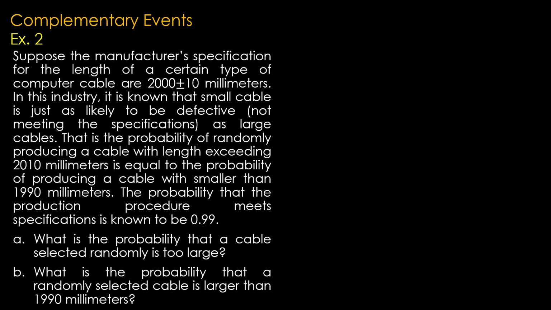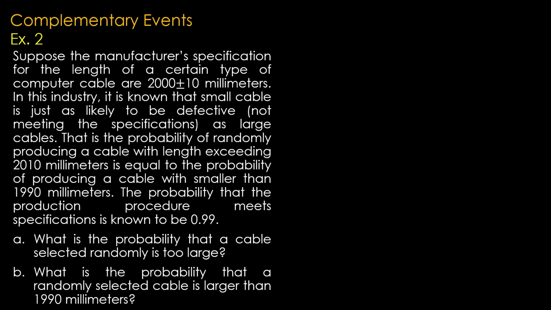Example. It's a long example. Suppose the manufacturer's specification for the length of a certain type of computer cable is 2000 plus minus 10 millimeters. In this industry, it is known that small cable is just as likely to be defective, meaning it does not meet our specifications, as large cable, meaning the probability of getting a large and a small cable are the same.